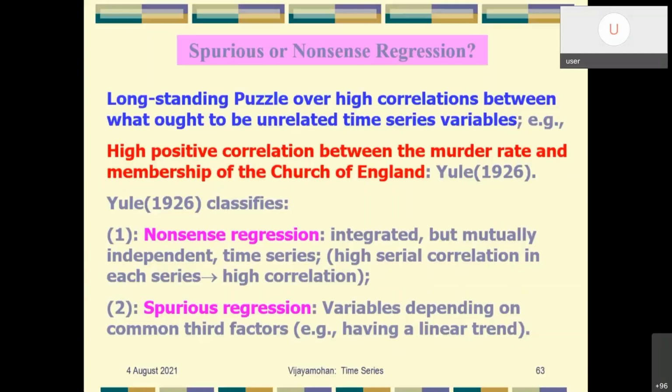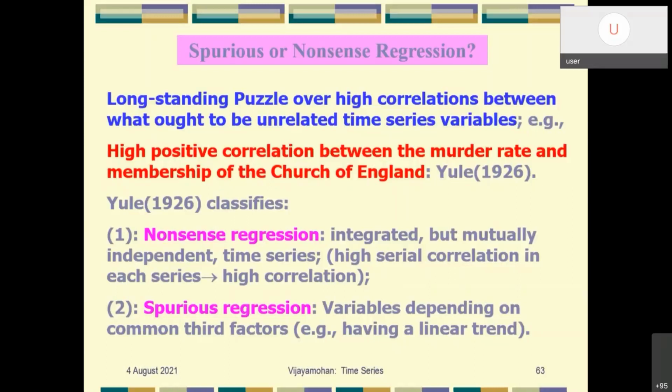Actually, these days in time series econometrics, these two differences are not kept. Both the nonsense regression and spurious regression terms are used interchangeably. So in general, instead of nonsense regression, we are following the Granger-Newbold terminology, that is the spurious regression.